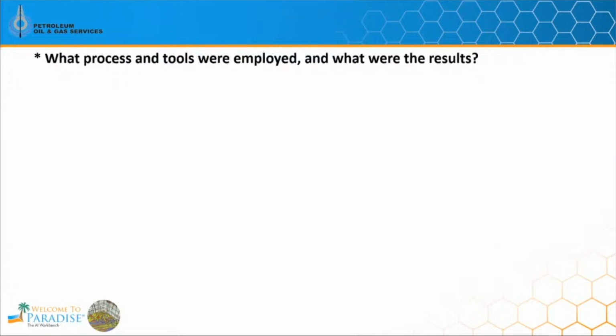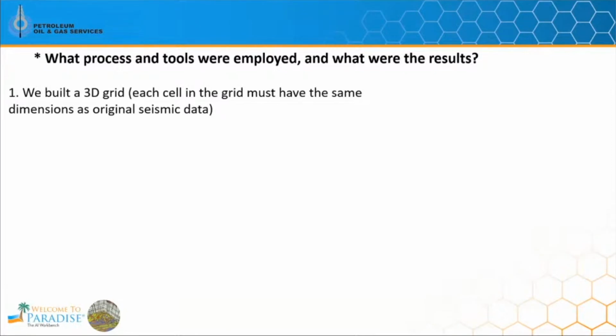So what process and tools did we employ and what were the results? The first step was to build a 3D grid. In this grid, each cell must have the same dimensions as the original seismic data, sampling interval and bin size, of course.